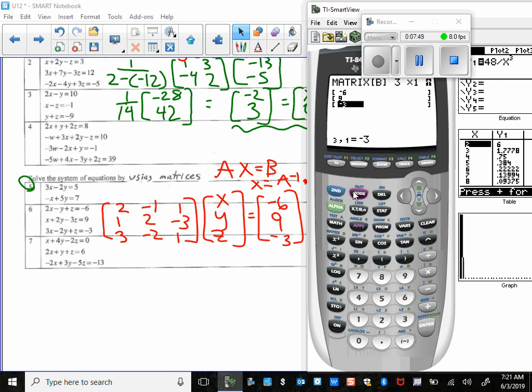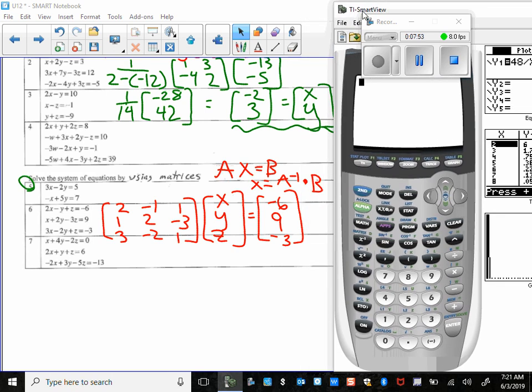So let's go back. So think about what I want to figure out in my calculator is x, and it's going to be the inverse of A times matrix B. So I'm going to go back to matrices. And now, since I have my matrix A exactly as I want it, I'm going to hit enter.